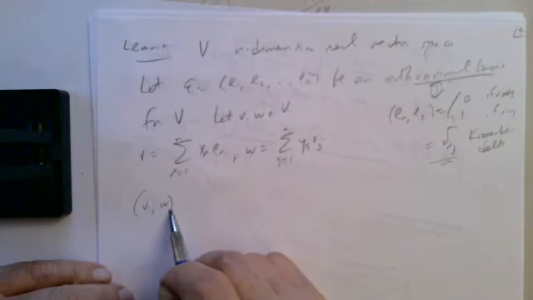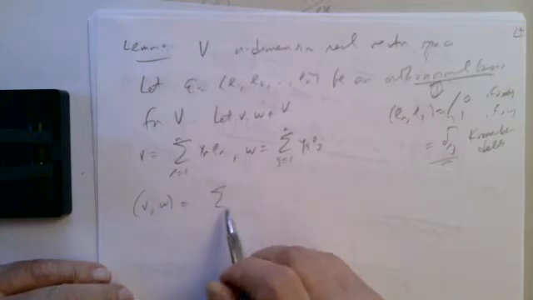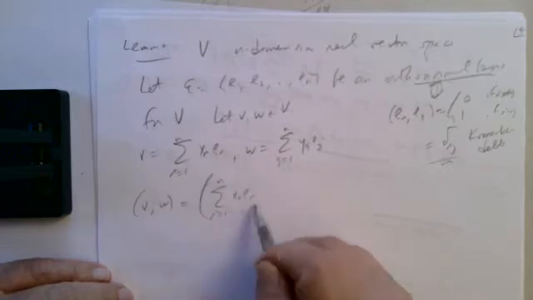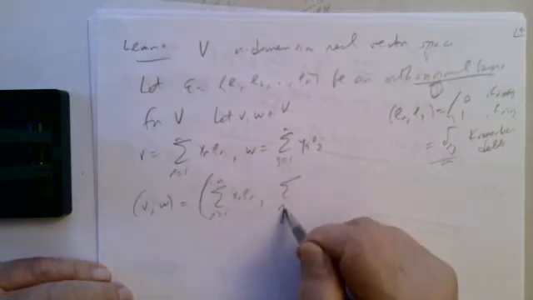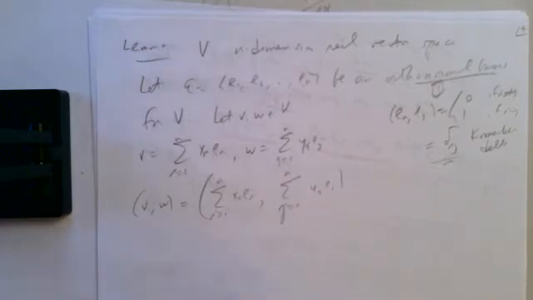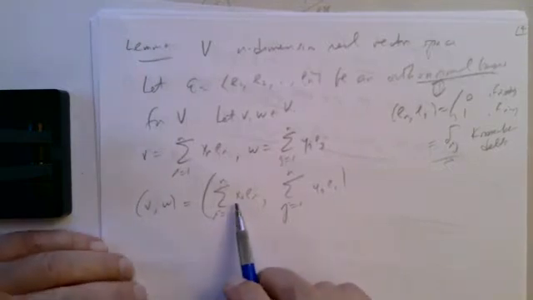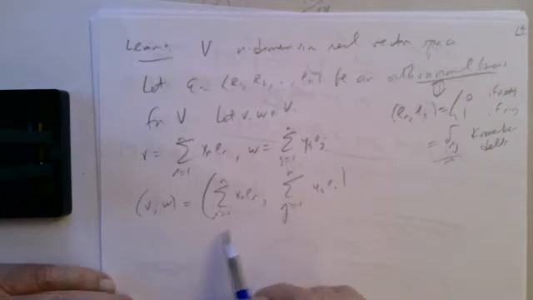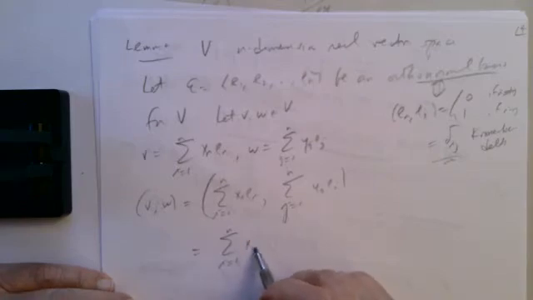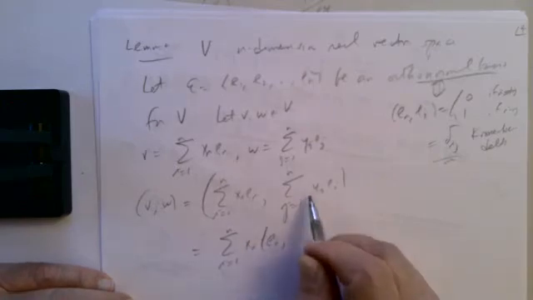If I take the inner product of v and w, that's the summation i from 1 up to n of xi ei, times the summation j from 1 up to n of yj ej. If I expand this using the bilinearity, first of all, here I have a sum of scalar multiples of ei. So this is the summation i from 1 to n of xi times the inner product of ei with this vector.